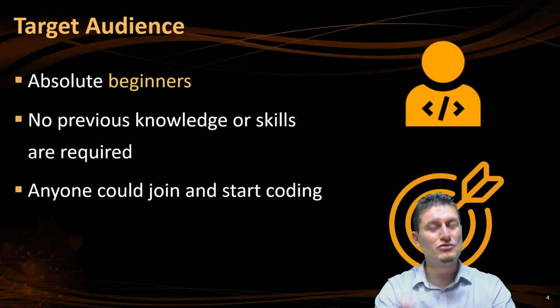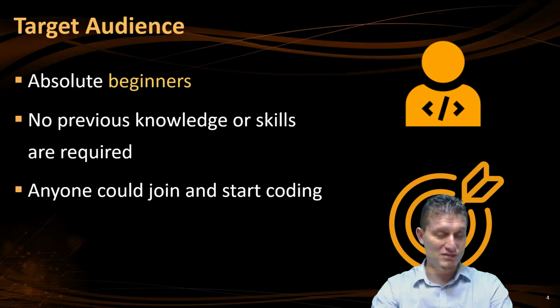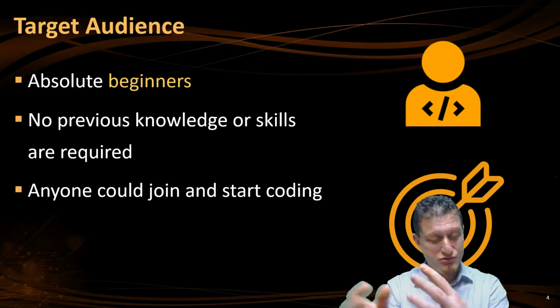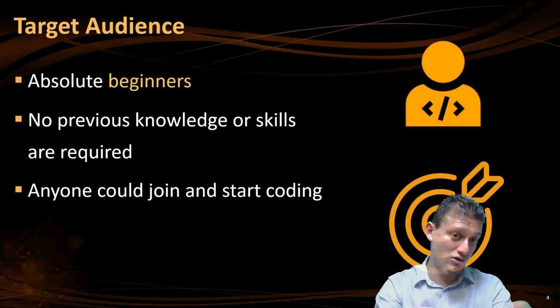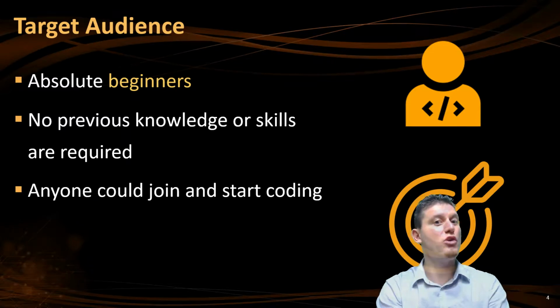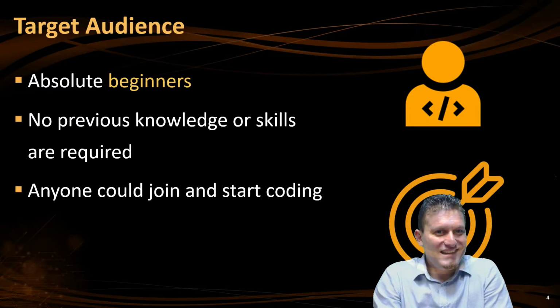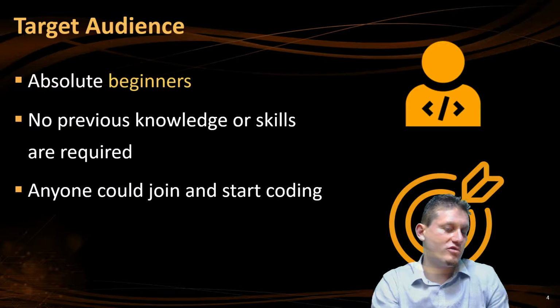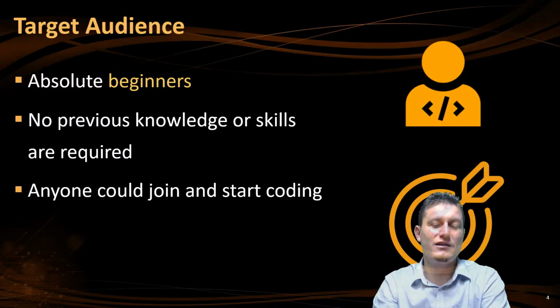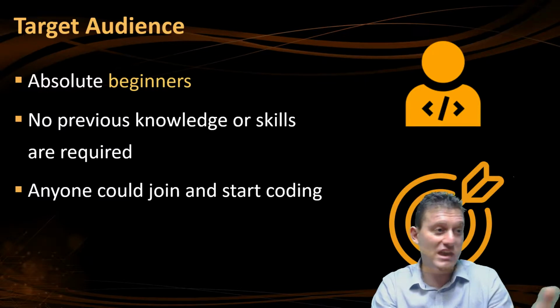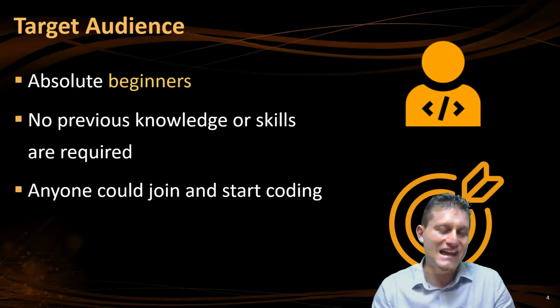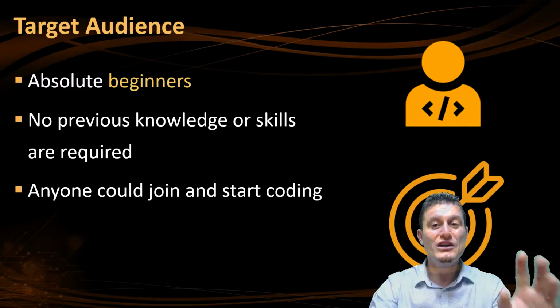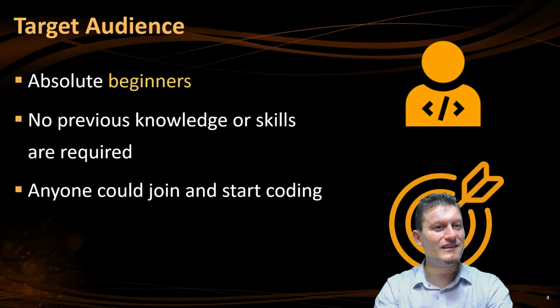But 1 to 2 years will be enough to become a software engineer. But the first step is to try. If you try and you like it, go ahead. If you try and you don't like it, stop. It's not for everyone. Someone should do cooking, someone should care for the children. There are many other professions which are also good, not only software engineering. So try. If you like it, it's for you.